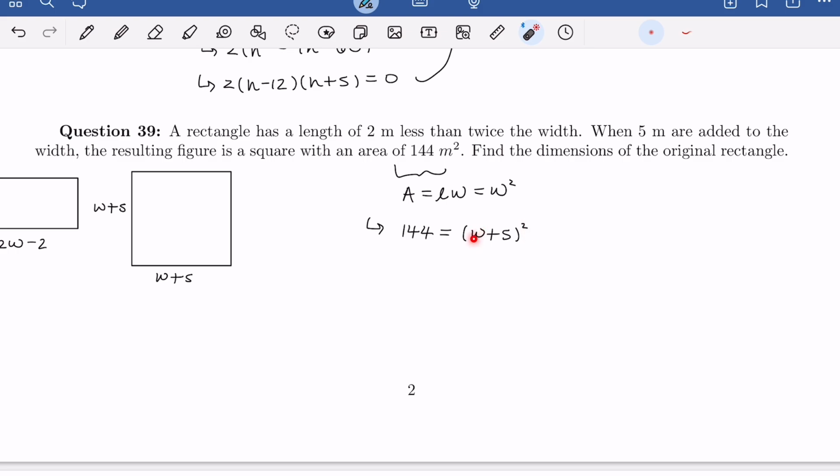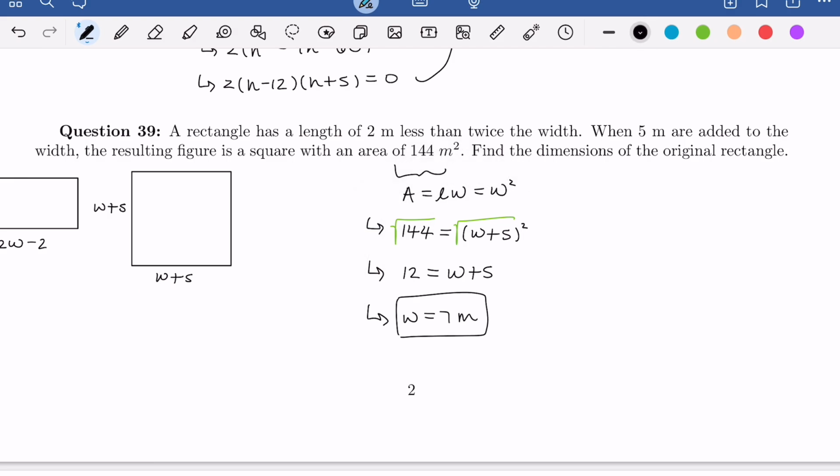All right, so now let's try to see if we can solve for w. We're going to take the square root of both sides of our equation to get rid of the square. The square root of 144 is going to give us 12, and so we're left with 12 is equal to w plus 5. Now subtracting 5 from both sides, we're going to get that the width of this guy is going to be 7, and that'll be 7 meters.